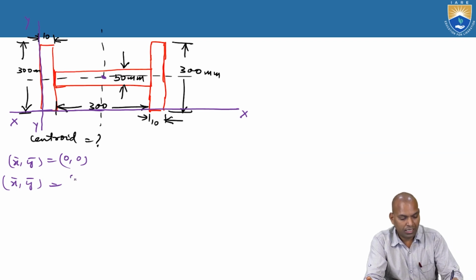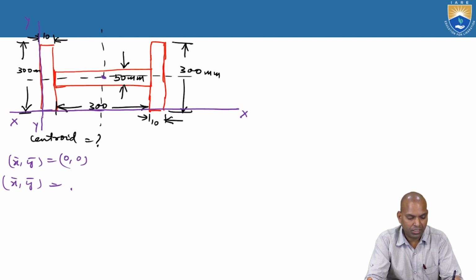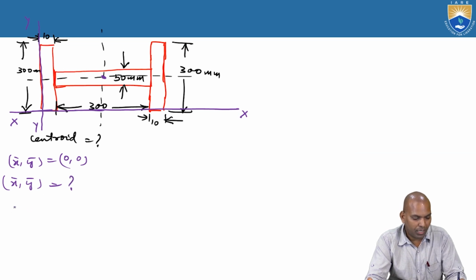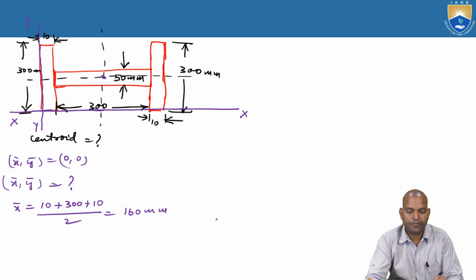For this you have to calculate the distance. The total horizontal distance of the total length is how much? Bar x equals the total distance by 2, that is 10 plus 300 plus 10 by 2. Then it will come out as 320 by 2, that is 160 millimeters.